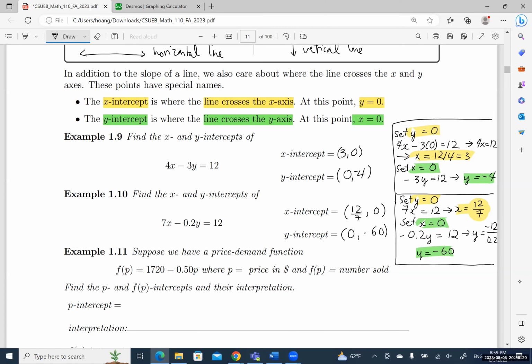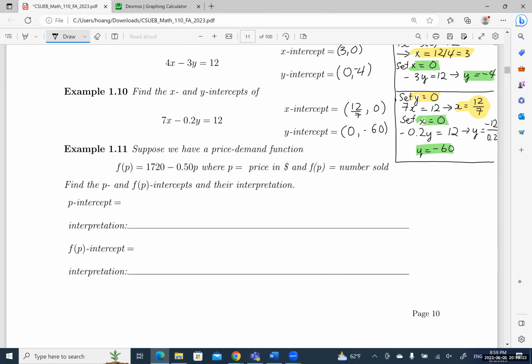So in here, I have the price demand function as f of p equal to 1720 minus 0.5p, where p is the price in dollars and f of p is the number of items sold.